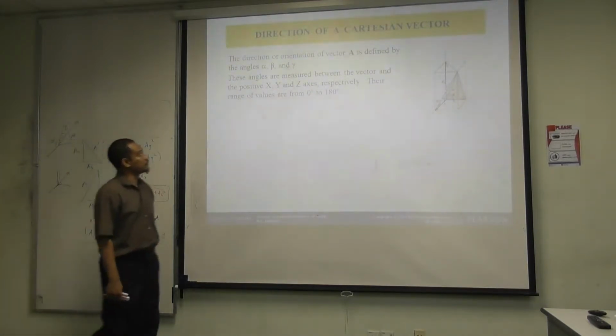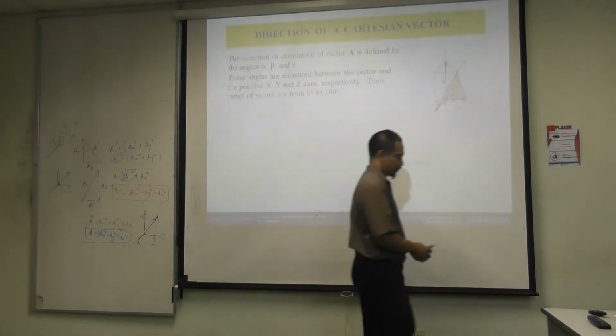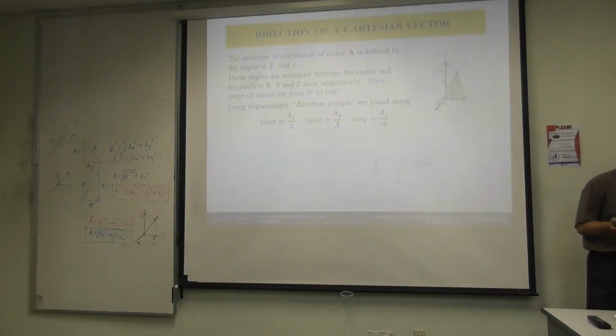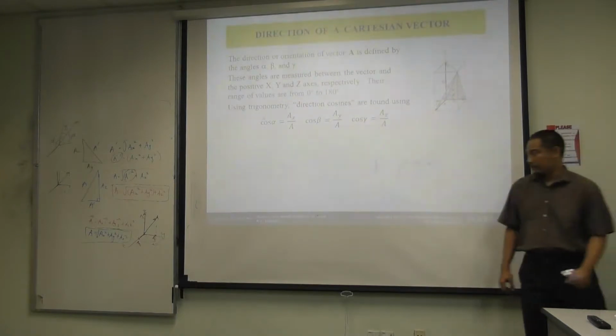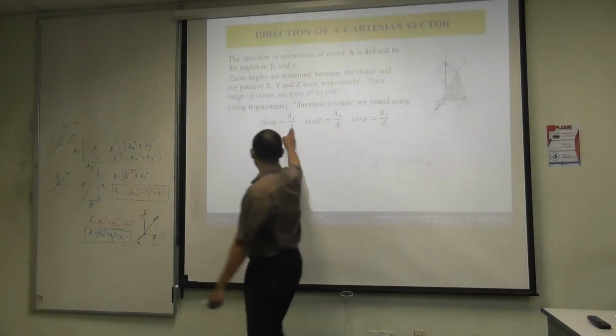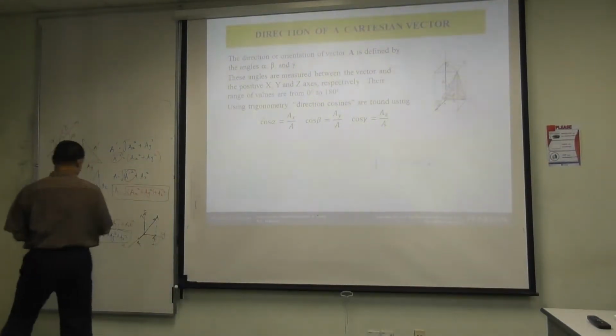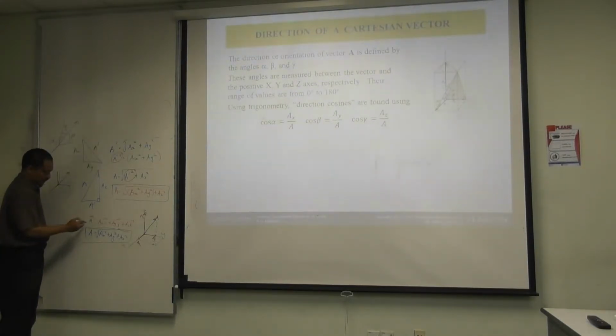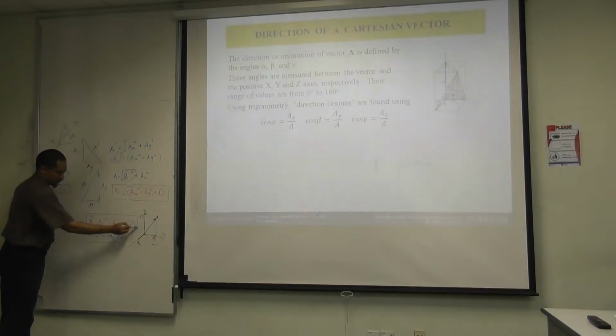So we'll have the equations for alpha, beta, and gamma. I assume you have seen this before also, right? Cos alpha is ax over A, cos beta is ay over A, cos gamma is az over A. So this is how to get the values if you want to express in terms of Cartesian vector form.